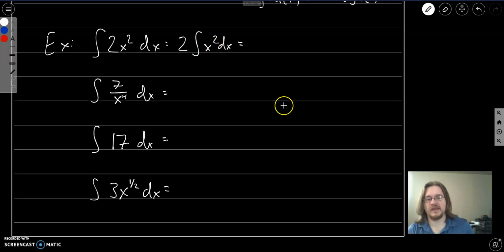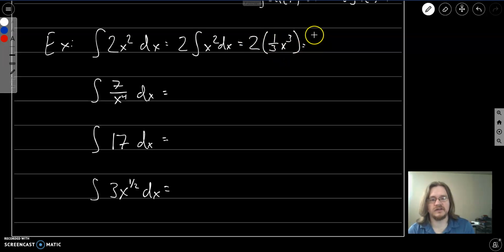The way that the power rule works for antiderivatives, we raise it to the 1 bigger power, and then we divide it by that power. So this is going to be x to the 3rd power, and then we need to divide it by 3. And if I simplify this, 2 times a 3rd is 2/3 times x to the 3rd power. Cool. So there's our antiderivative.